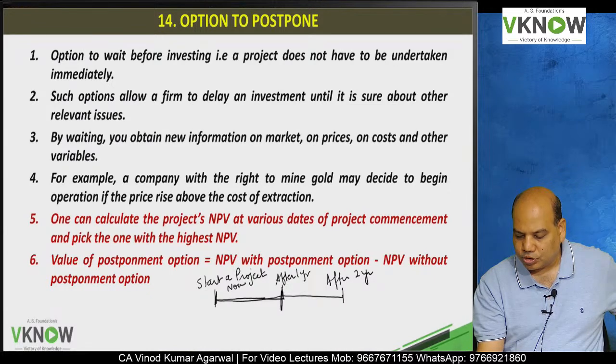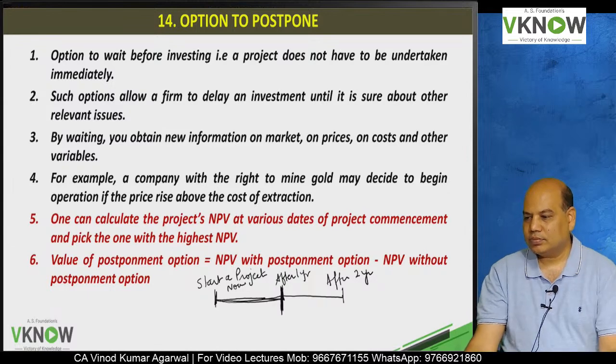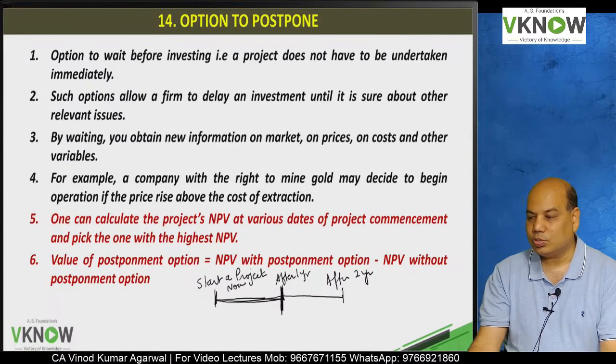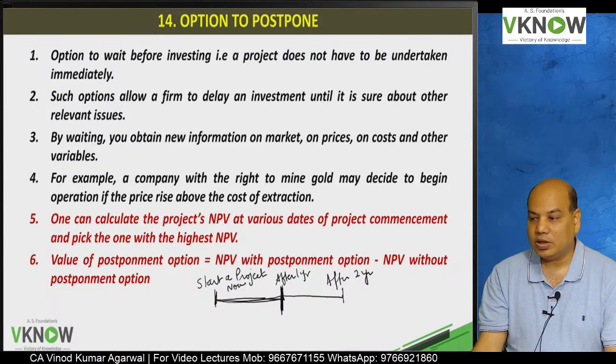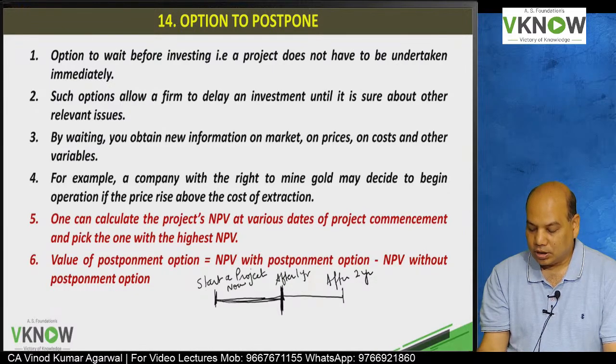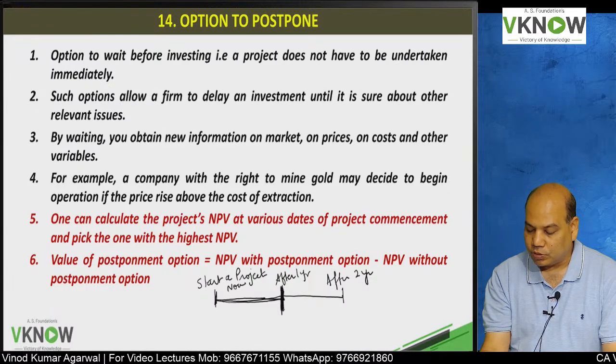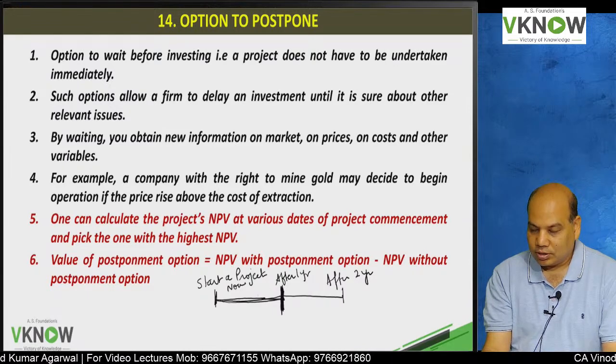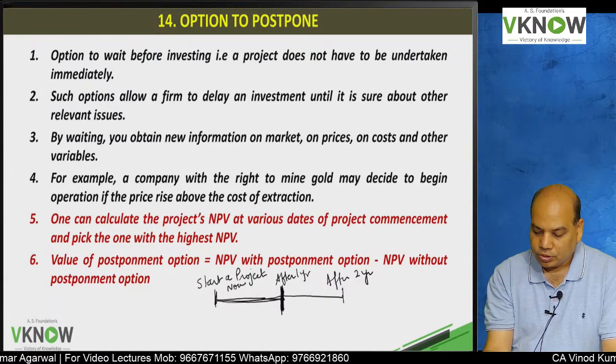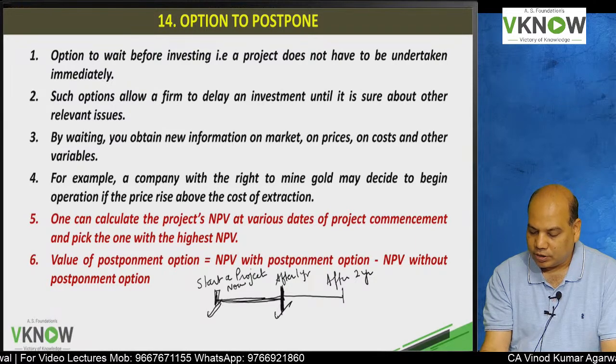Whether this project has an option to delay. The nature of the project should be such that you should be able to delay it. If the option to postpone is there, then we have to find out when should we start the project now, after 1 year, or after 2 years, and like this.